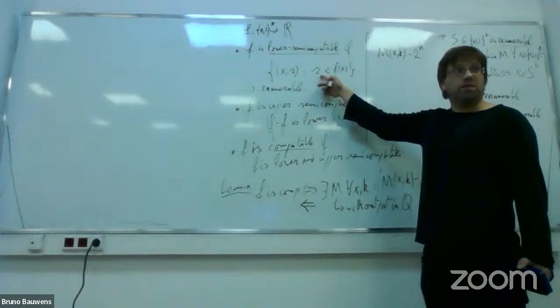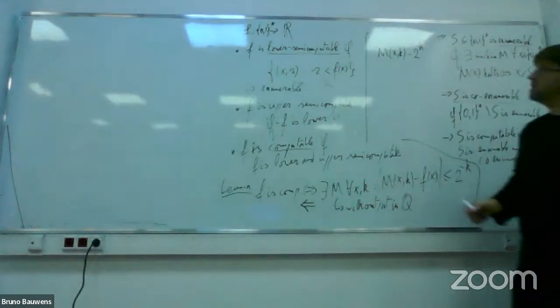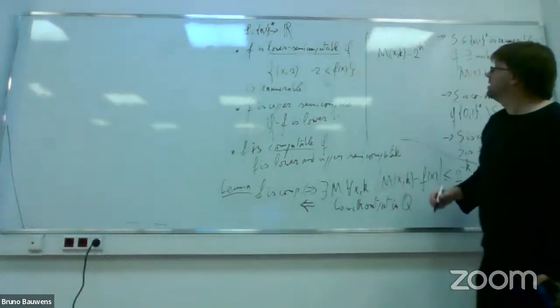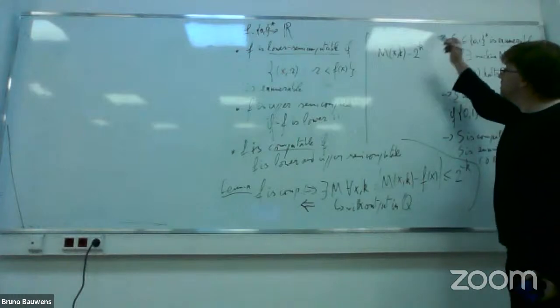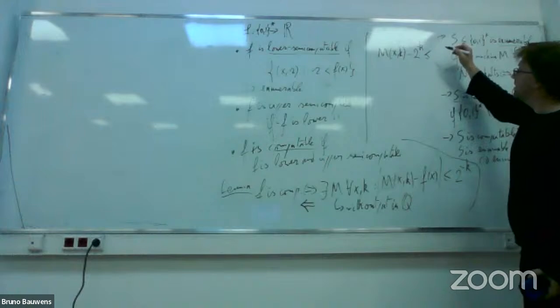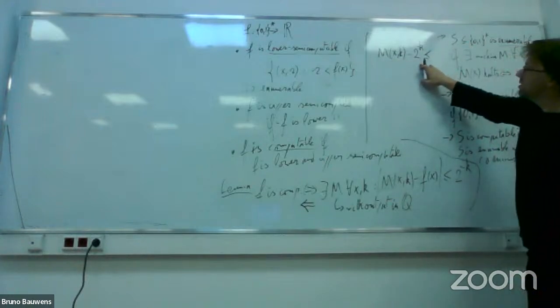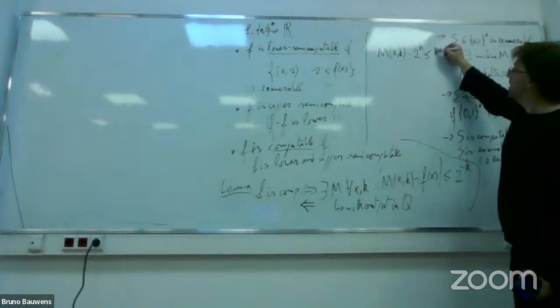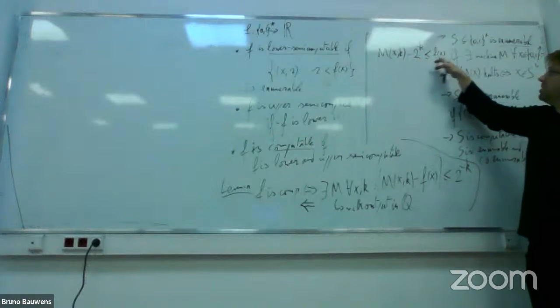And if this happens, then we halt. We are guaranteed that this value is smaller than f of x. And if k goes to infinity, it approaches f of x.